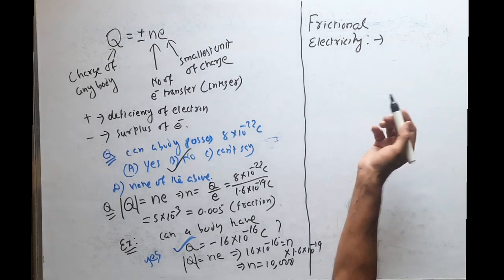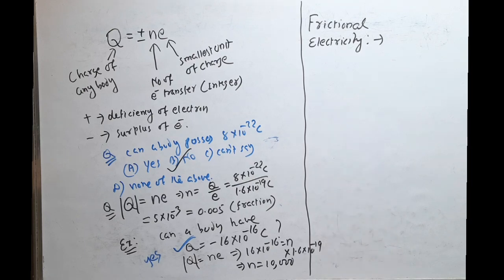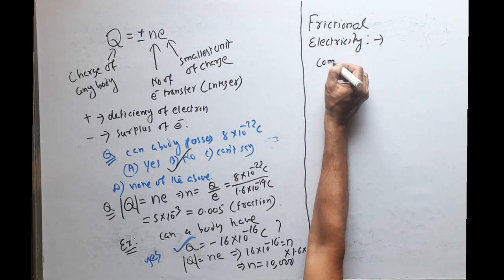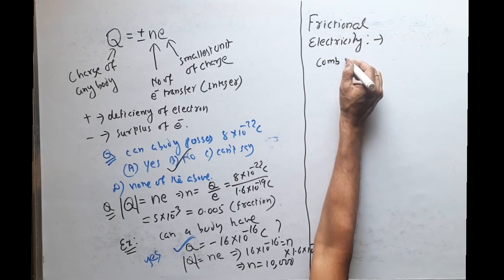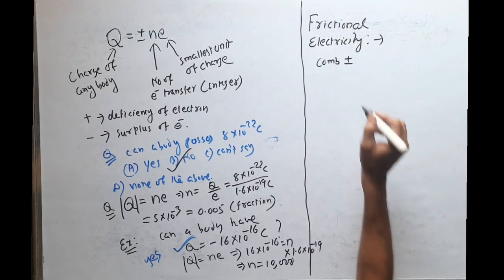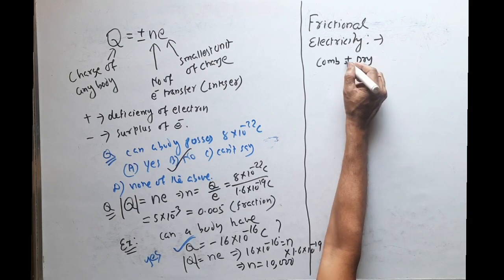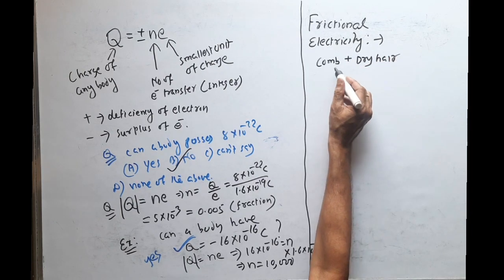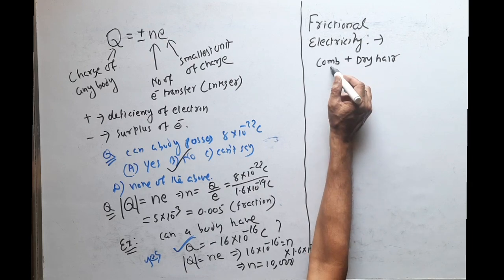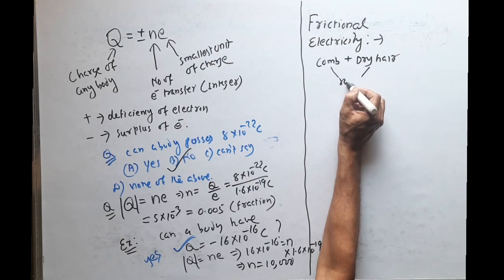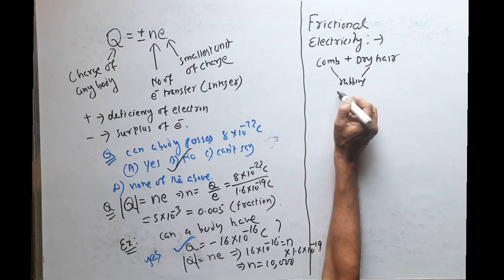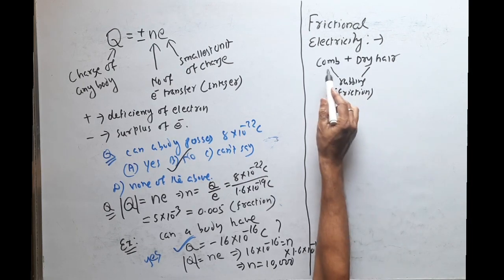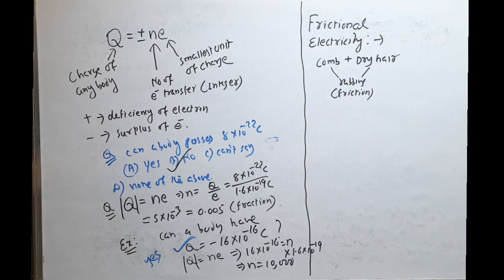In your childhood, you have observed that if you bring a comb and comb your dry hair, you are rubbing. Rubbing means it is frictional energy. So when you comb your dry hair, what will happen?